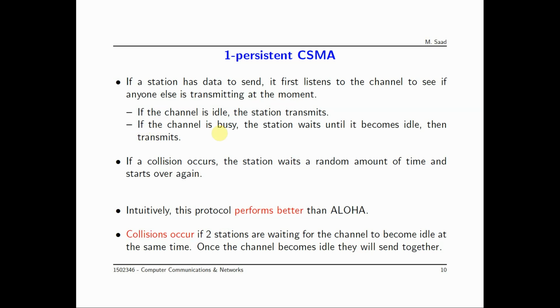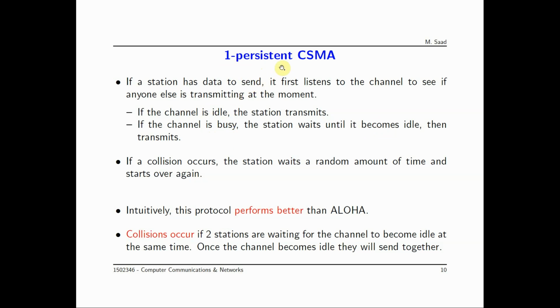If we detect after sensing the channel that there is an ongoing transmission, of course, there is no need to transmit because there will be a collision for sure. So in that case, the station will keep sensing the channel continuously, waiting for the channel to become idle so that it starts transmitting immediately after the channel becomes idle. And this is basically the reason why we call it one persistent CSMA. As you notice from how the protocol works, in case the station finds the channel busy, it will stay there, continuously sense the channel, waiting for the channel to be idle to start transmitting immediately.